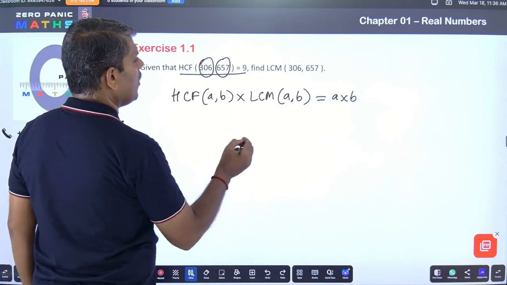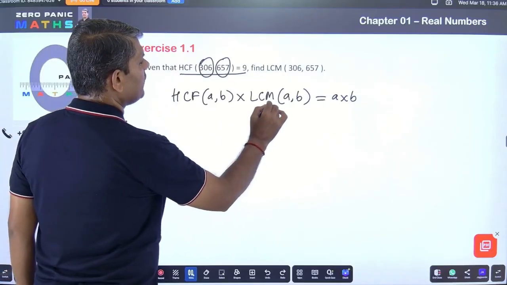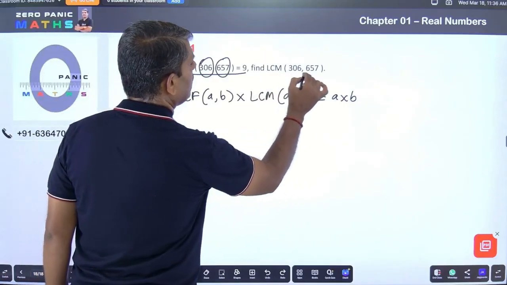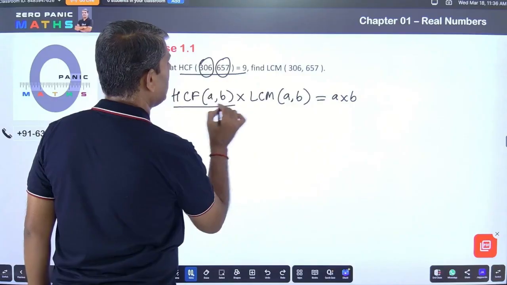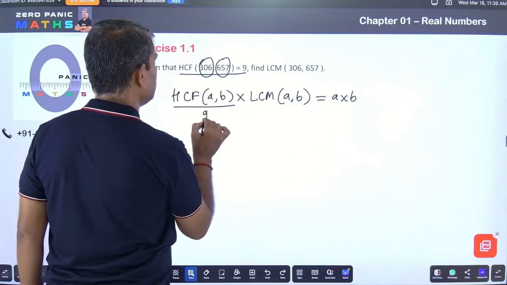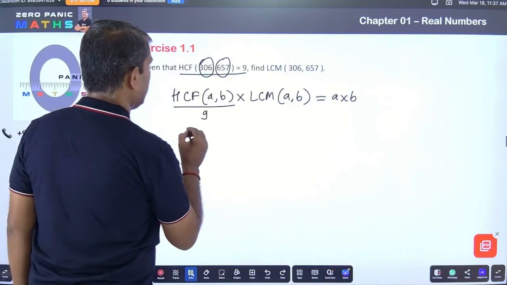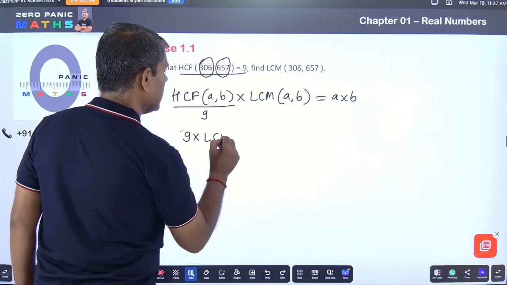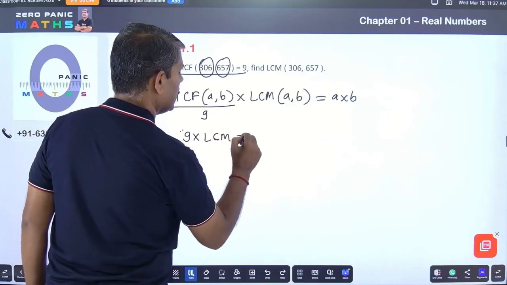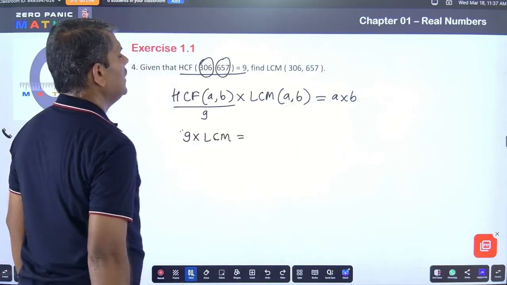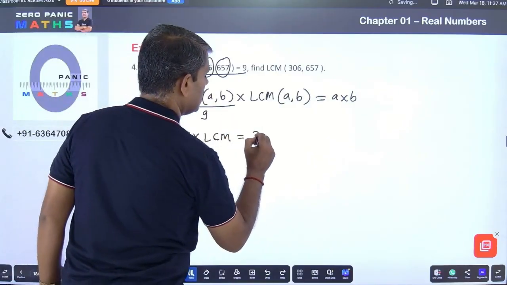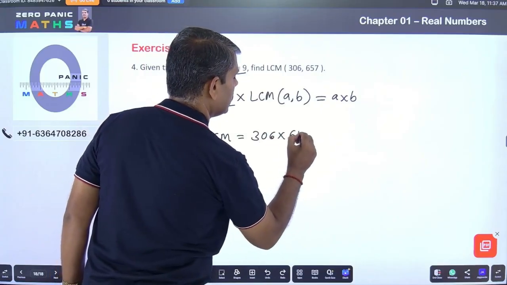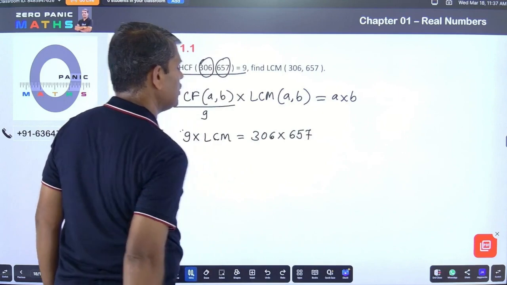Okay, now since the multiplication of LCM and HCF is equal to the product of the two given numbers, and we need to find the LCM, the HCF is already given, and the value of that HCF is 9. So we're going to write it as 9 multiplied by LCM is equal to the product of A and B. What are A and B? 306 multiplied by 657 are the given two numbers.